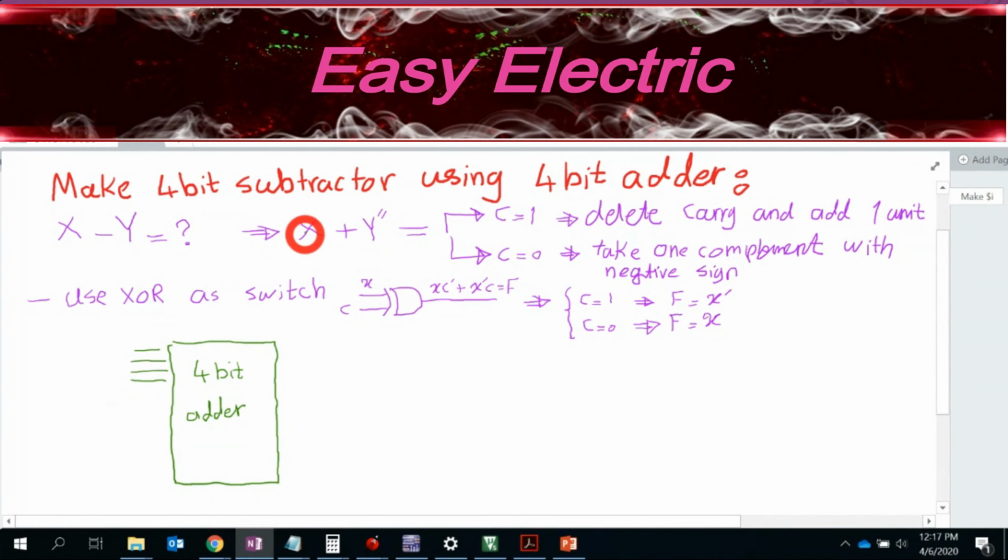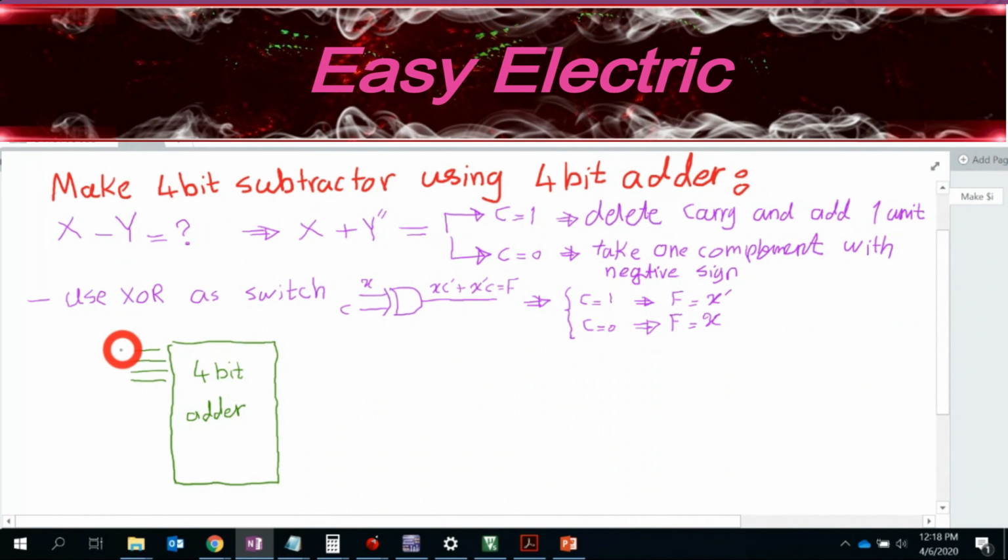Definitely the first number has no change, so here you should connect x0, x1, x2, x3.